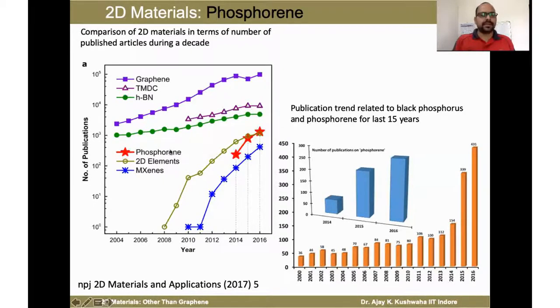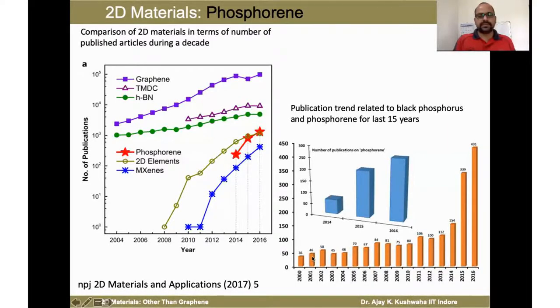However, other materials such as phosphorene and MXene have shown a very high tendency of increase, and within even two years, 14 to 16, phosphorene rose from 10 to the power 2 to 10 to the power 3.